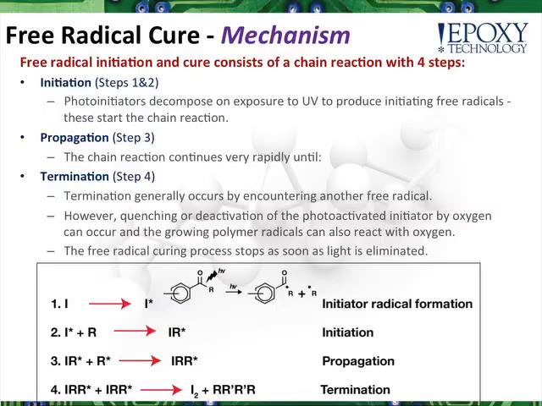Once that free radical has found all the monomers that it can get to, eventually it will be quenched by oxygen in the environment. Once the oxygen reacts with that free radical, the reaction process is done.